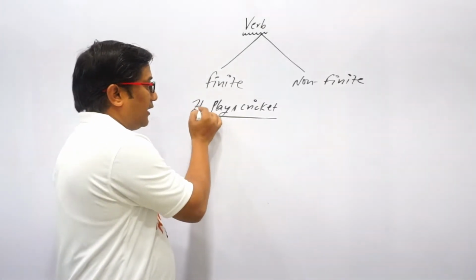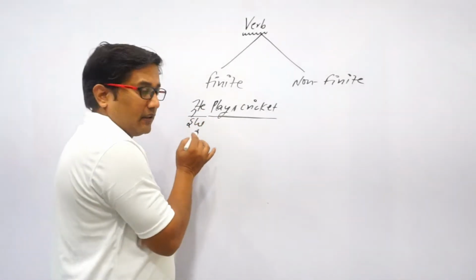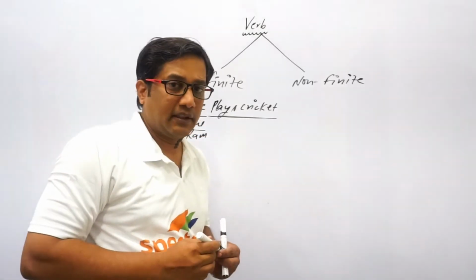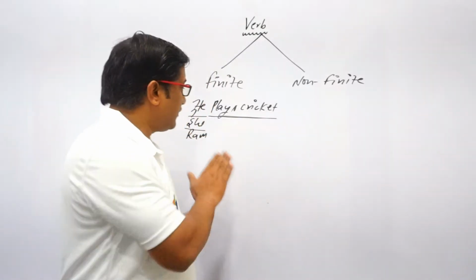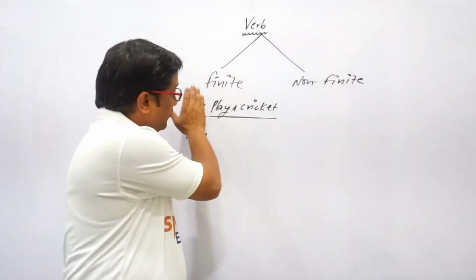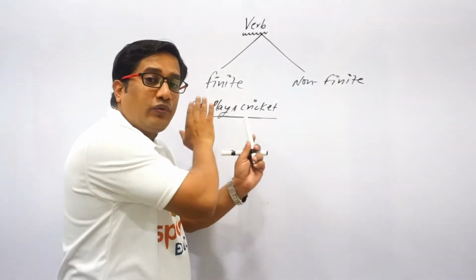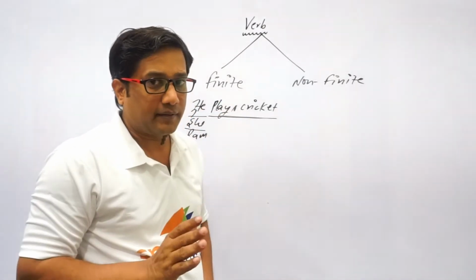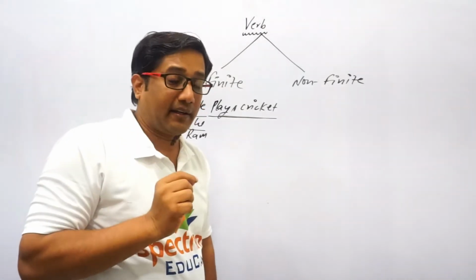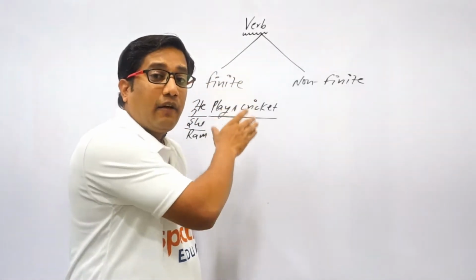That can be he plays, she plays, Ram plays, Sita plays, boy plays. But if we only write "plays cricket," this sentence has no dignity in English grammar. Those types of verbs that surely require a subject are called finite verbs.